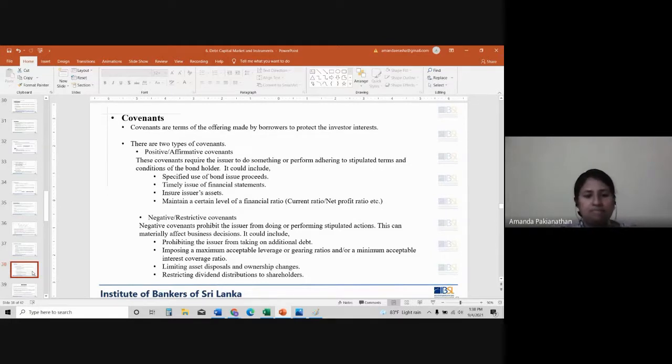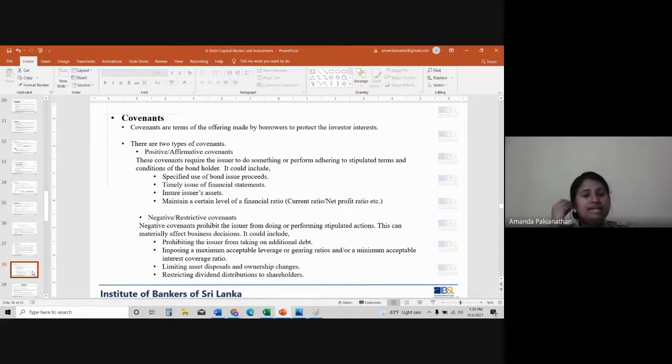For example, you must insure the assets of the company. You must issue your financial statements on time. You must use these debenture proceeds for these activities. Here the issuing company is required to perform in line with this.